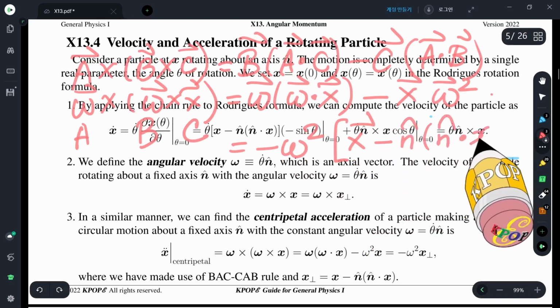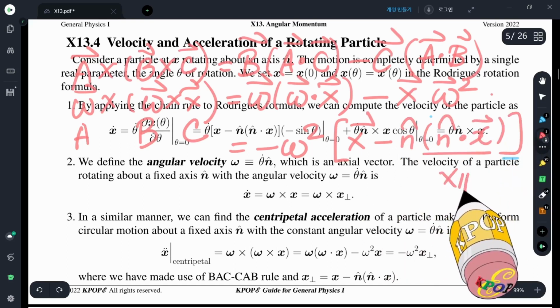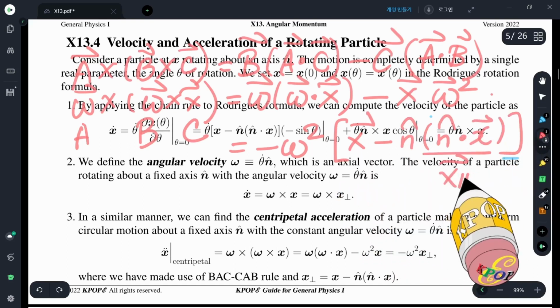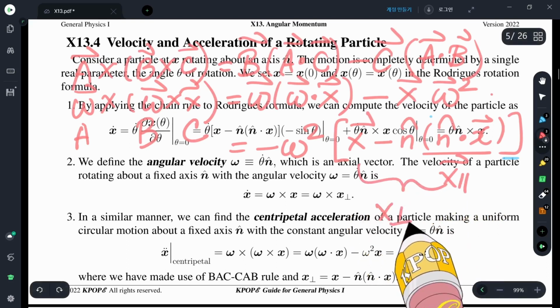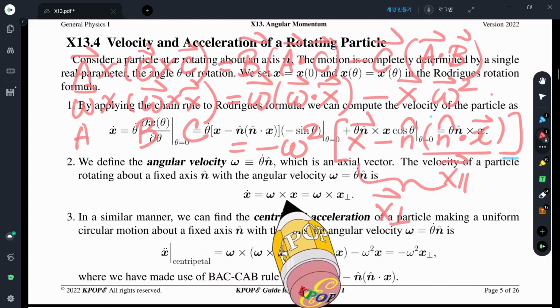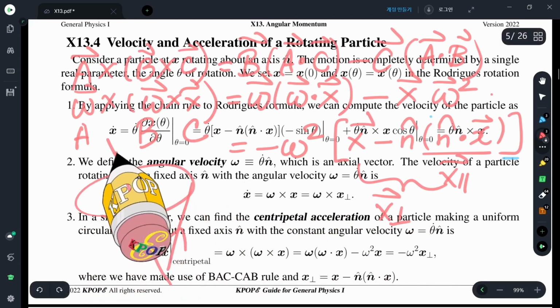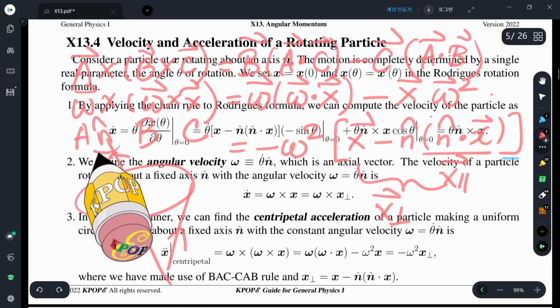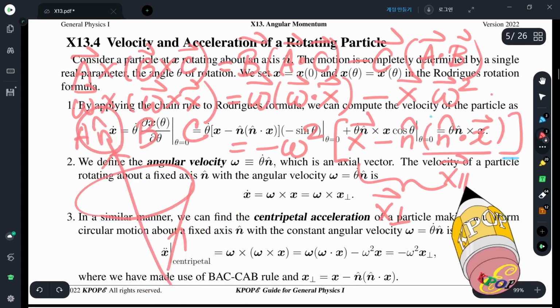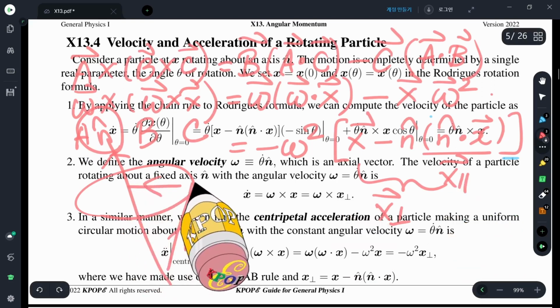We are familiar with this expression. What's that? This is x parallel, and this is x minus x parallel. That means x perp, the lever arm vector. So an object that is making a uniform circular motion due to the rotation about the axis n experiences an acceleration in the opposite direction.